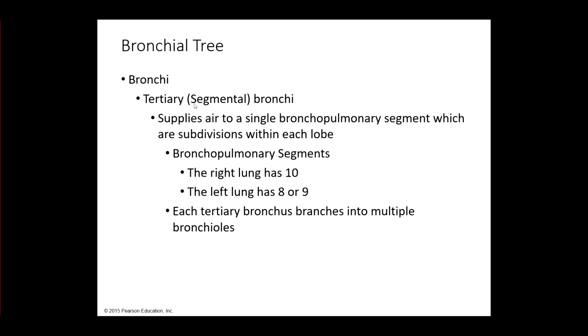So the tertiary bronchi are bringing air to each bronchopulmonary segment. And you can see here, it's not symmetrical. The right lung has 10 of these segments, where the left lung has 8 or 9. Okay, and then eventually those tertiary bronchi are going to break down into multiple bronchioles, which we'll talk about in a minute.